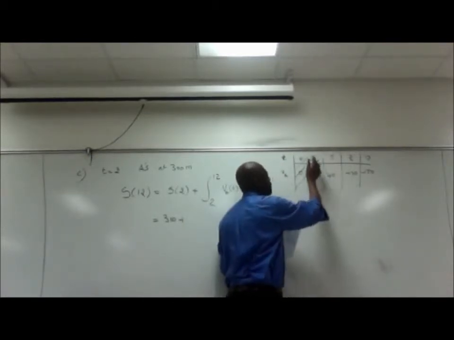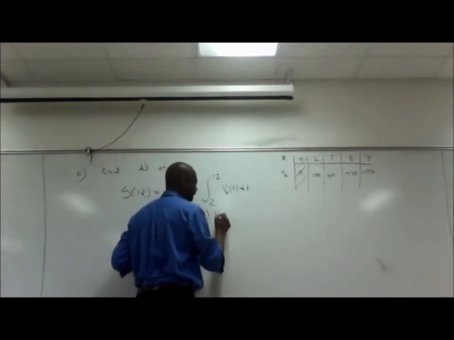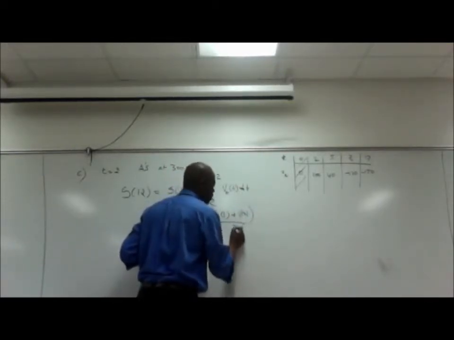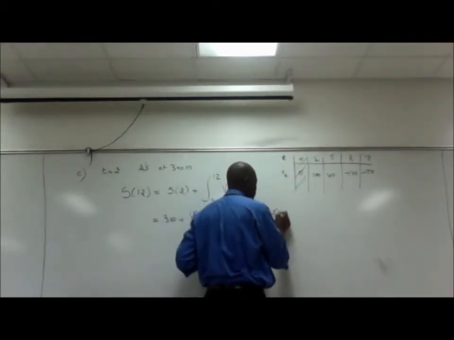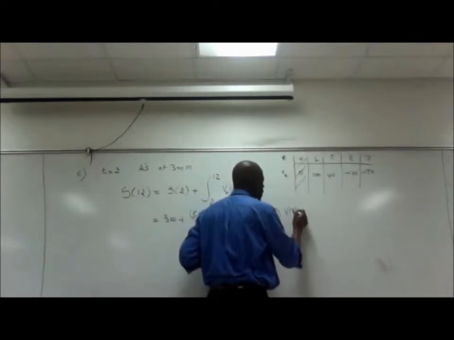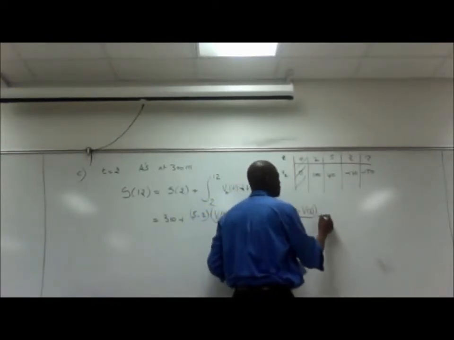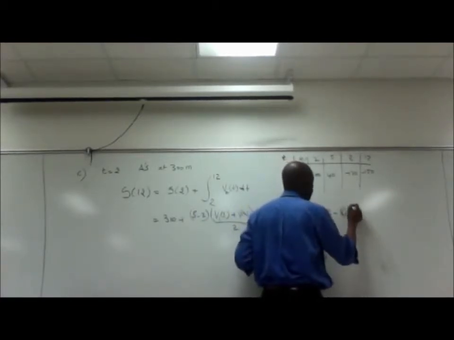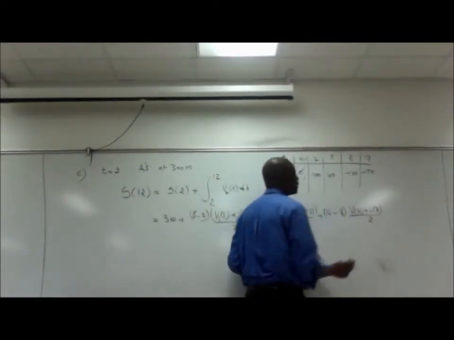It's going to be 5 minus 2 times v of 5 plus v of 2, divided by 2, plus 8 minus 5 times v of 8 plus v of 5 over 2, plus 12 minus 8 times v of 12 plus v of 8 over 2. That's how you do it.